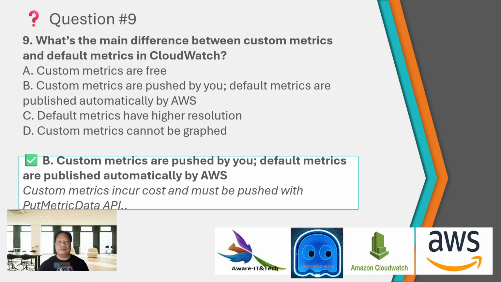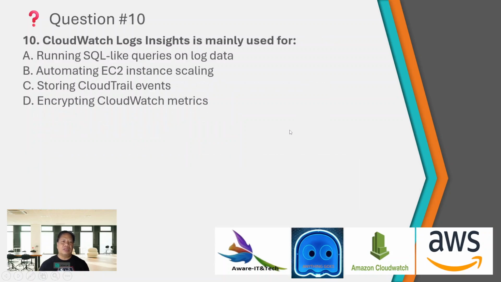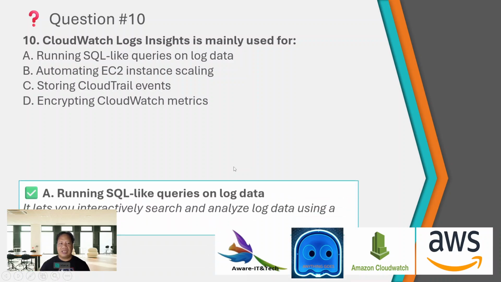Last question. CloudWatch Logs Insights is mainly used for, I already showed that in the demo: running SQL-like queries on log data, automating EC2 instance scaling, storing CloudTrail events, or encrypting CloudWatch metrics. Of course, the correct answer is running SQL-like queries on log data.